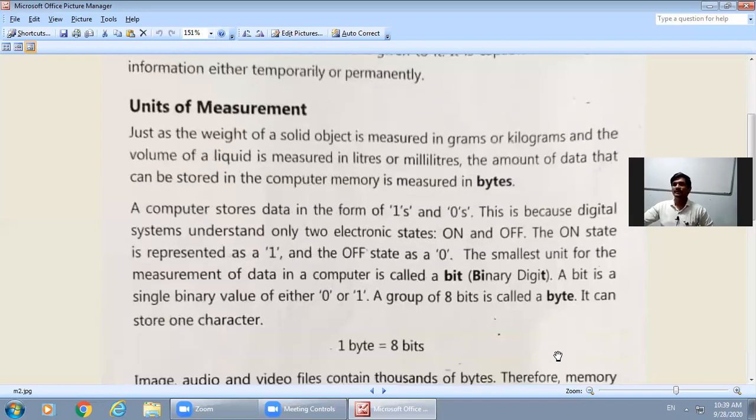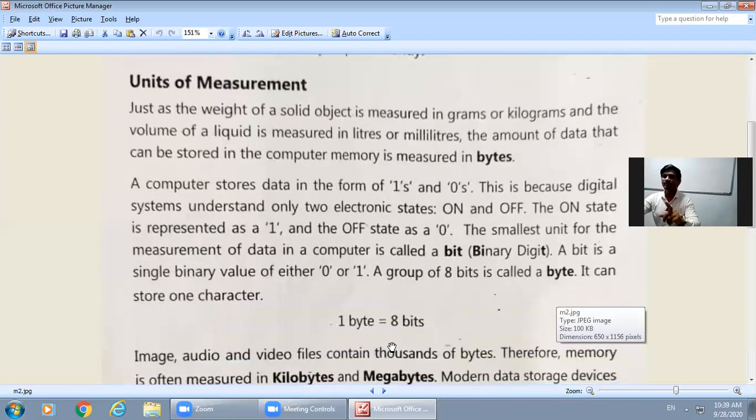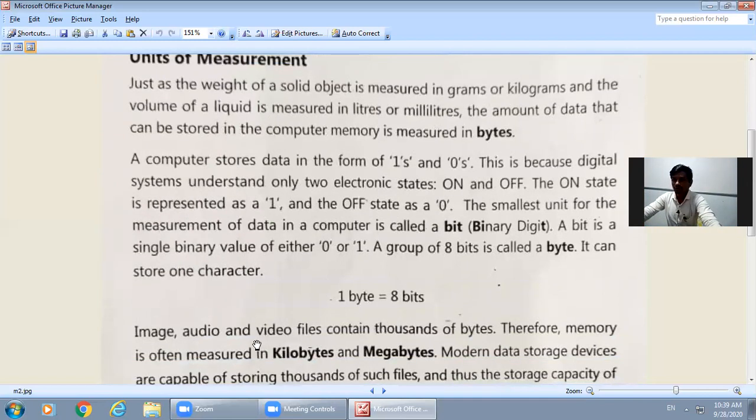Okay, I hope you understood about bytes and all these things. Now next, we'll see 1 byte equals how many bits? 8 bits. Keep in your mind. Now next, image, audio, video files contain thousands of bytes.